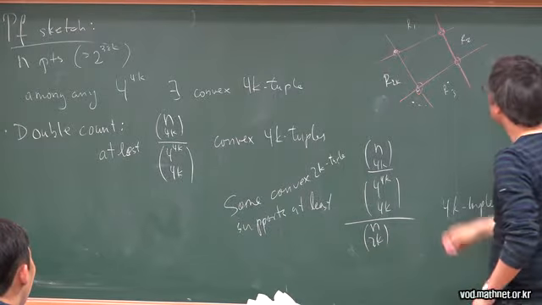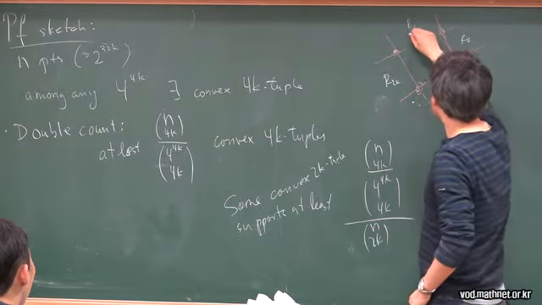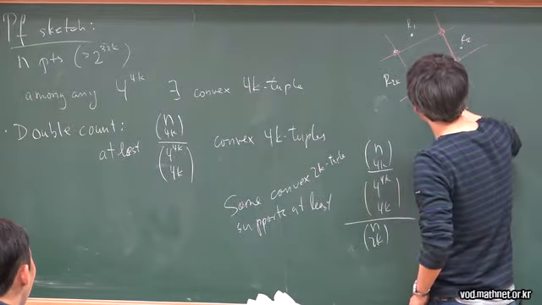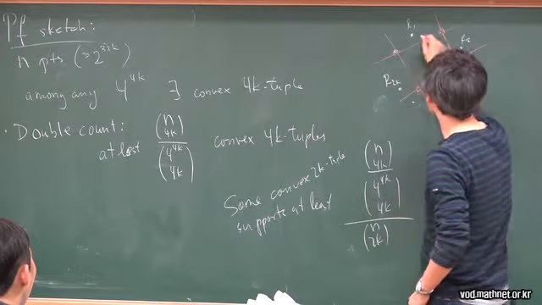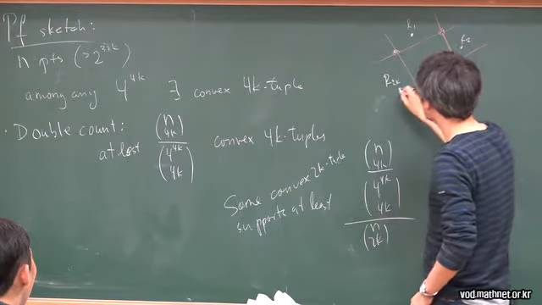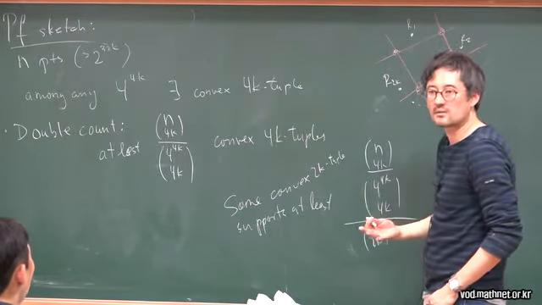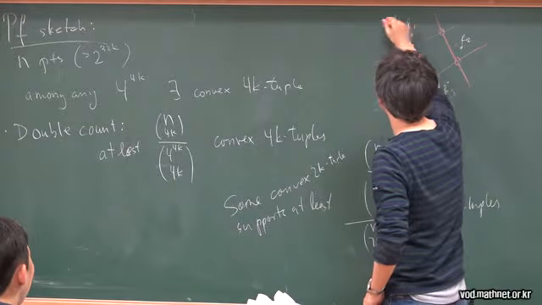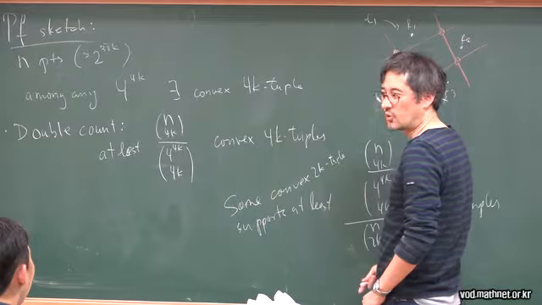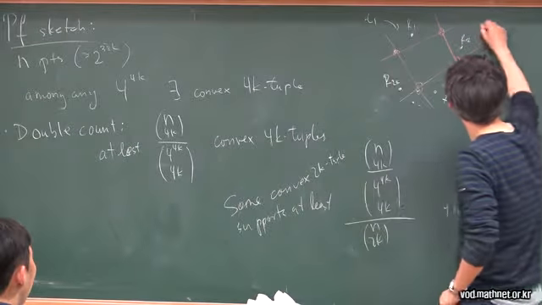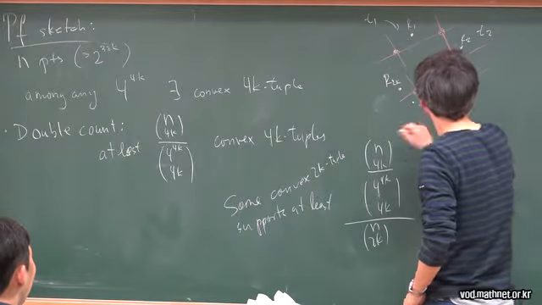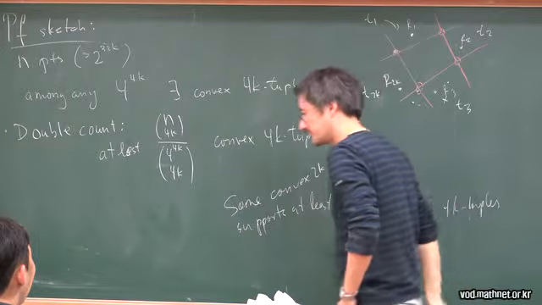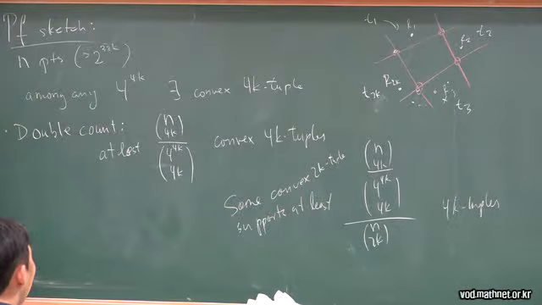But of course, one 4k tuple could look like this, and then another one could have the same point, a different point, and the same point. Those are counted separately. So let's just say that here there are T1 points, here I get T2, T3, up to T2k. So you just record how many points you see in each of these regions.